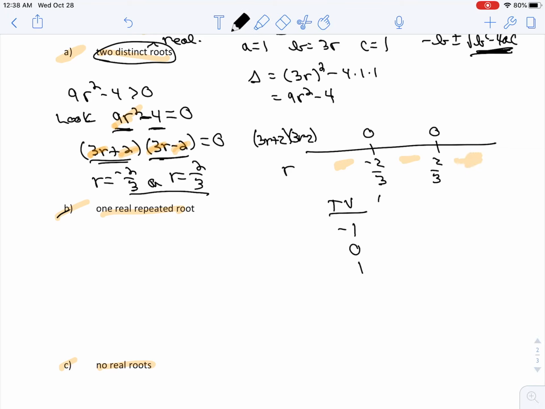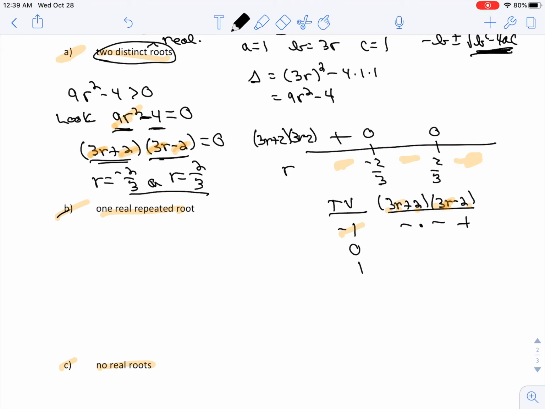And remember, what we're checking is the sign of our 3r plus 2 times 3r minus 2. And so when I sub in negative 1 in both of these places, I'll get negative 3 plus 2, so that's negative. For this one, I'll get negative 3 minus 2, so that's also negative. So that's going to give me positive.